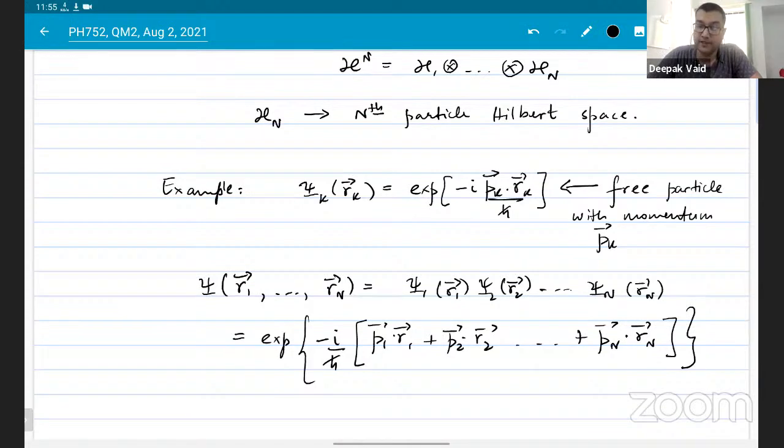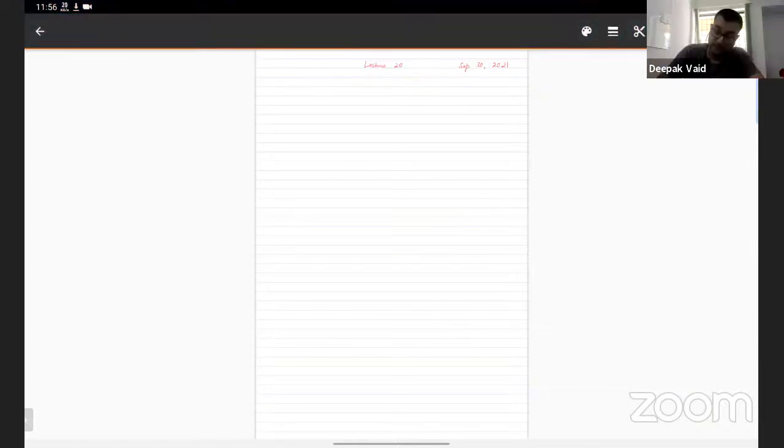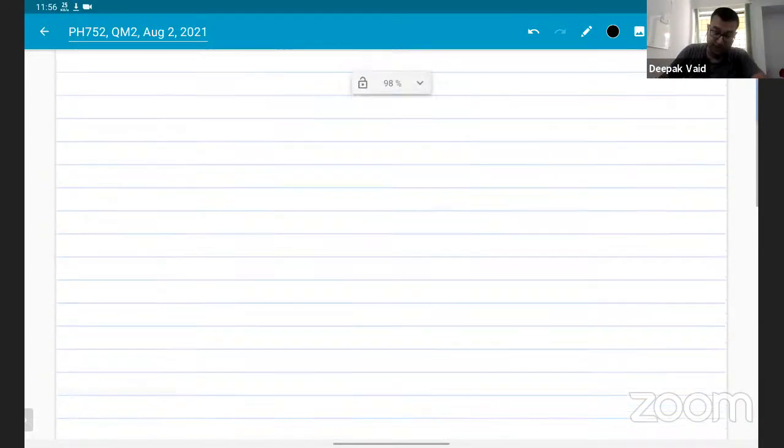Right? And it is very important to remember, because it's easy to get confused between these two things, that there is a very clear difference between having a superposition of a particle which is in two different states of momentum.